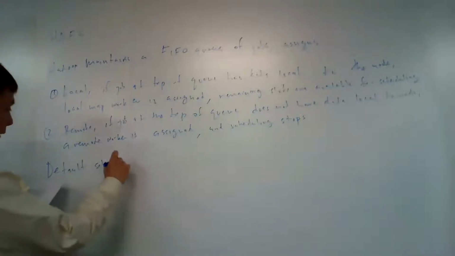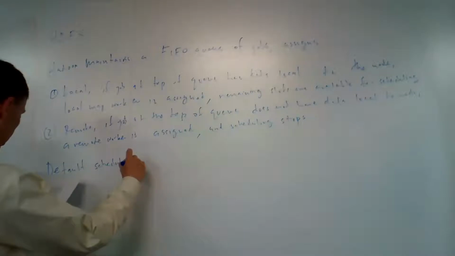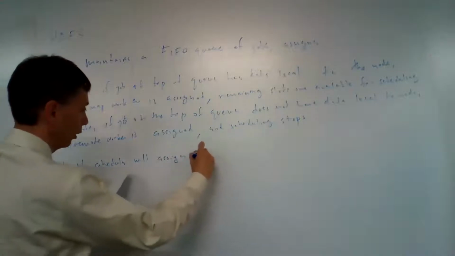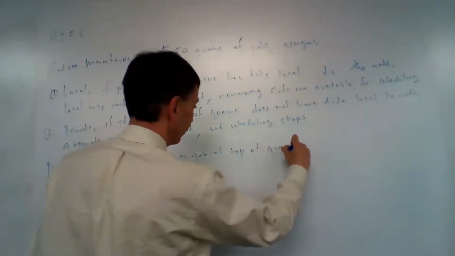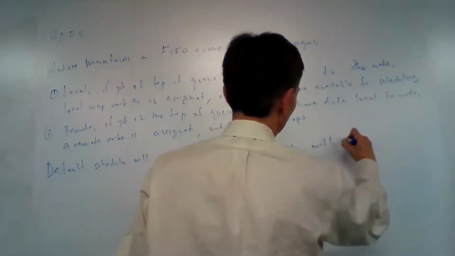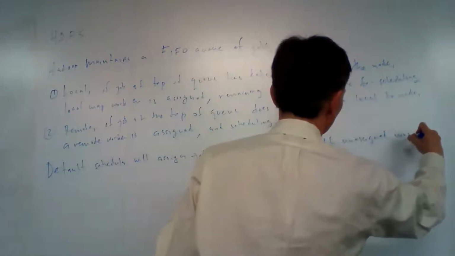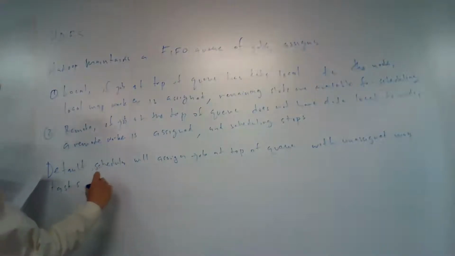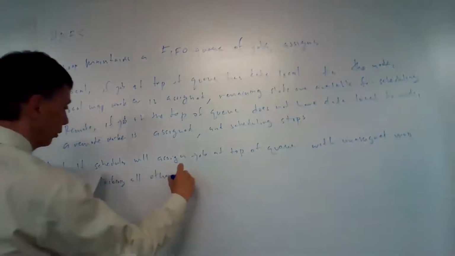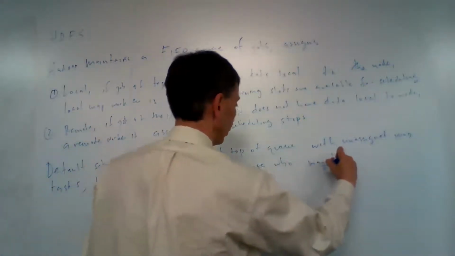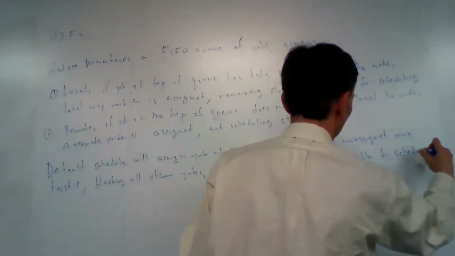So the default scheduler will assign a job at the top of the queue with unassigned map tasks, blocking all other jobs, even those who may be able to schedule local workers.